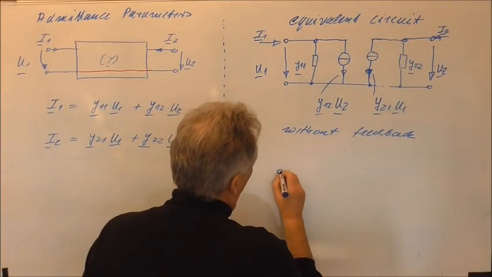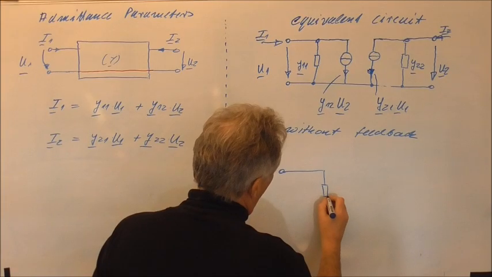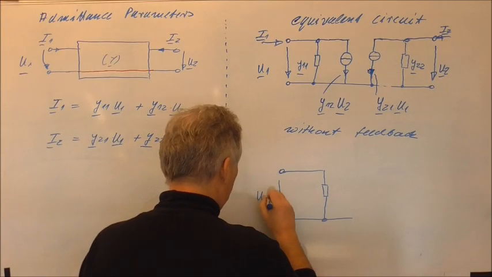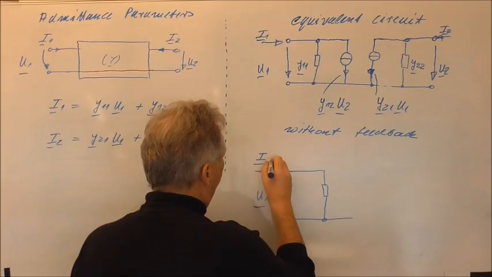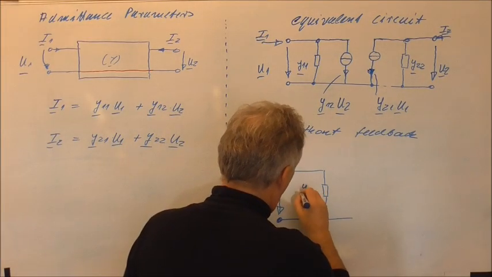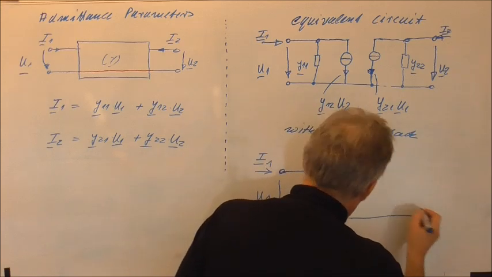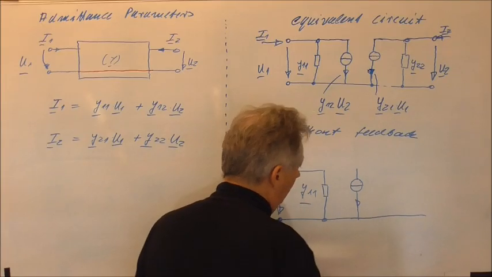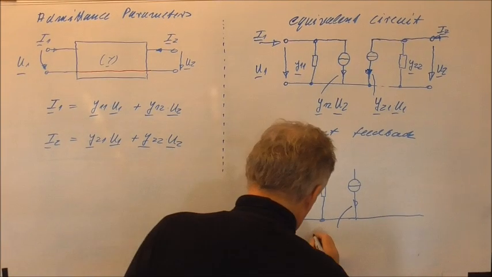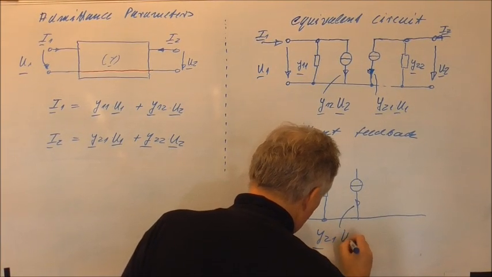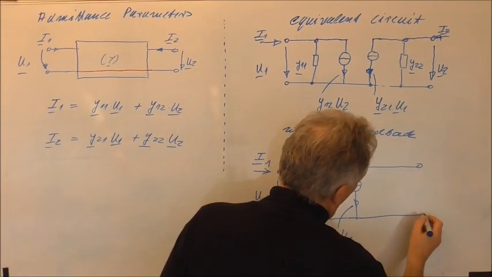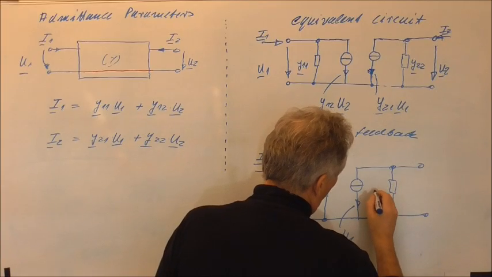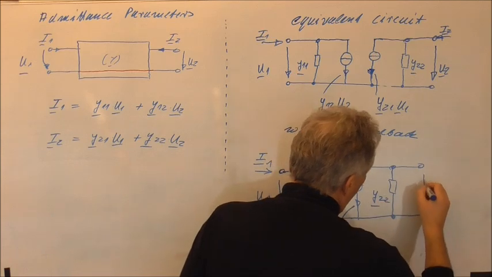So without feedback, we will just have here the input admittance, I1, and so here we have Y11, and here we have the voltage controlled current source Y21 times U1, and here we will have the output admittance Y22 and here U2.